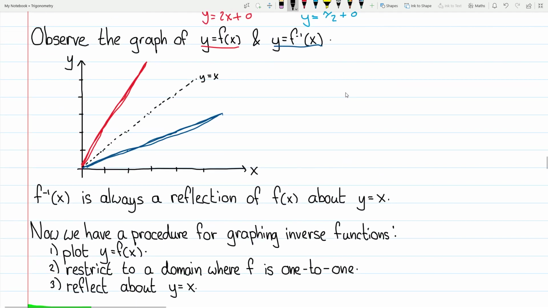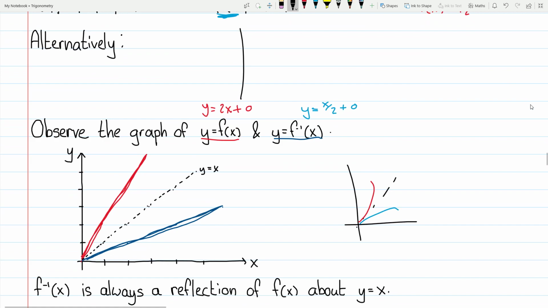You can sort of see it actually. If you have some weird curly graph like that, and then you have another one like this, which is just a reflection over this half line, then we know that inverse functions take outputs back to inputs.